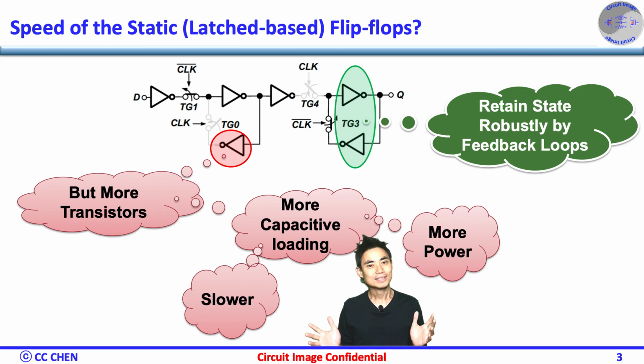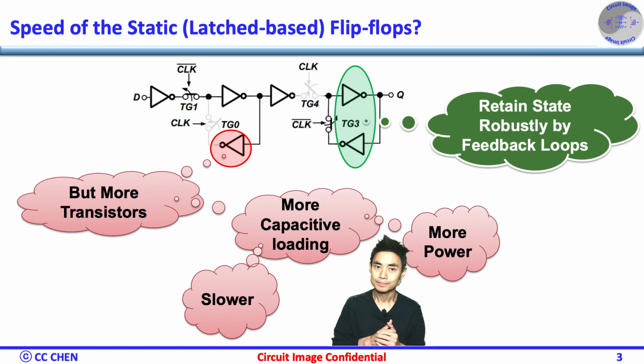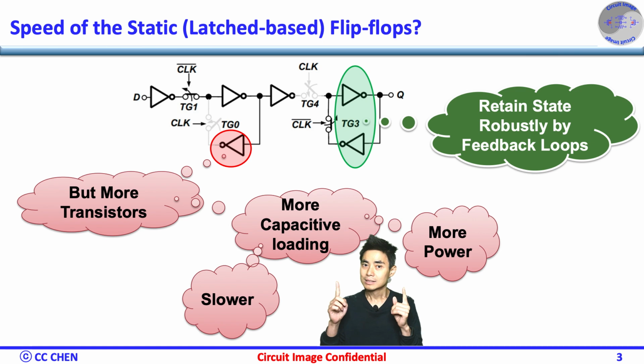In addition, keeping the state stable causes continuous power consumption. In summary, even though static flops are more robust and less sensitive to noise and leakage, its high capacitance leads to a higher power and low speed naturally.